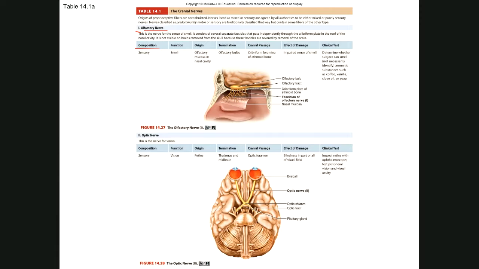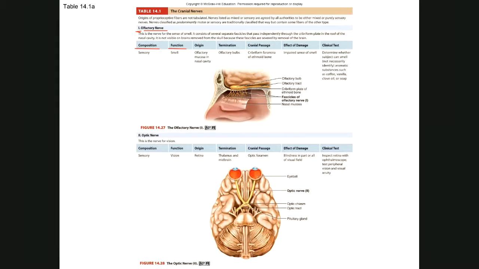Motor and sensory. But also you should have an idea of the function, okay? So these are the few things that you should review with the cranial nerves: the number, the name, the composition, meaning if it's sensory or motor, and its functions, okay? So then you go down the list or the table, and you continue with the next nerve, okay?